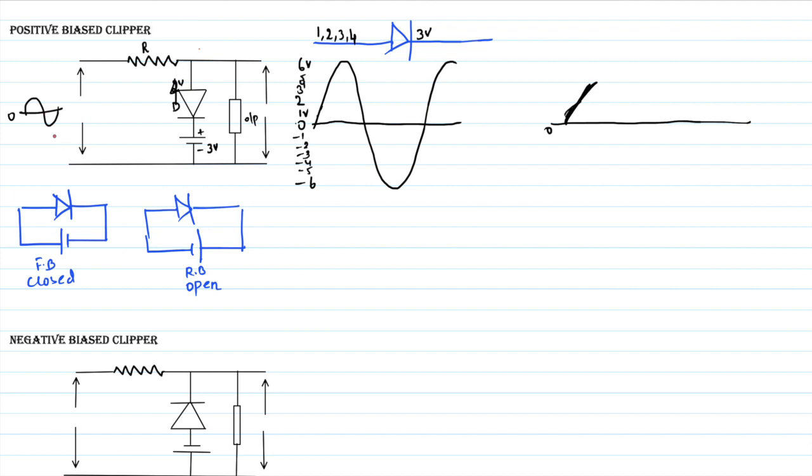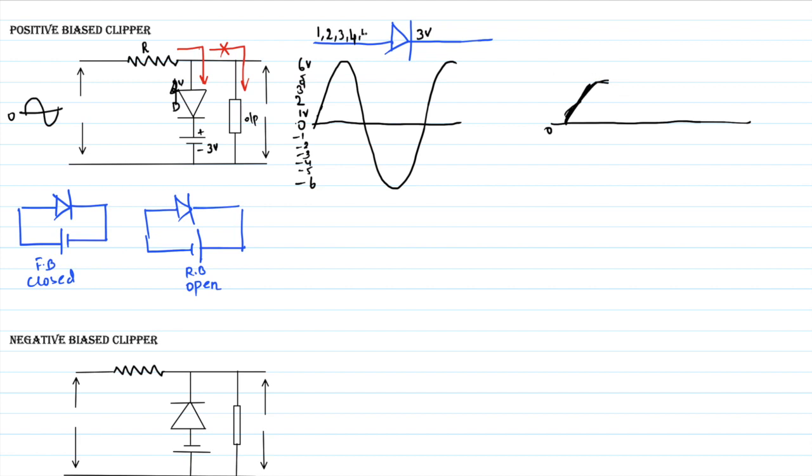For 4 volt, this diode will become closed, so all the current will flow across the diode and no current will take this path. So no current will flow across the output resistor, and you will not get any output. It will remain constant for the output voltage 4.